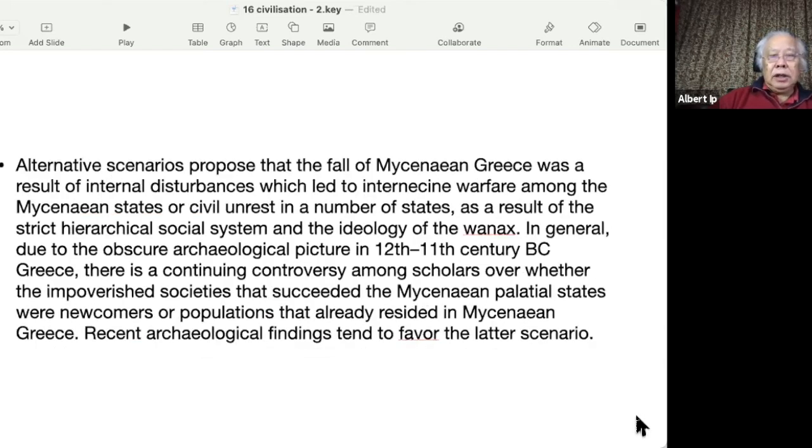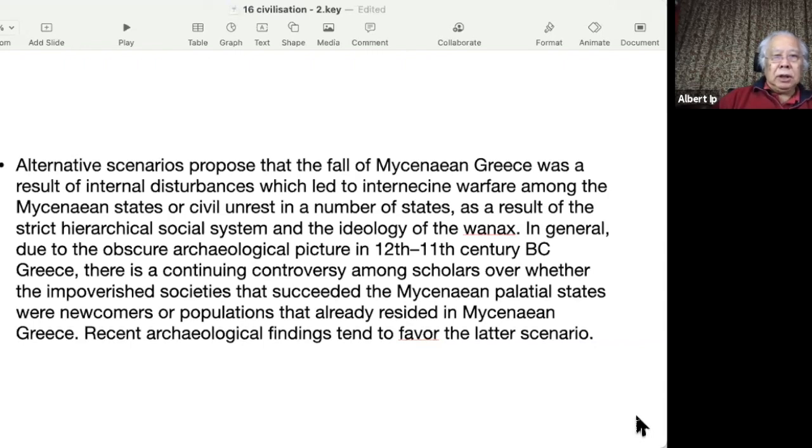Another scenario is internal disturbances, which lead to internal warfare among the different palaces or states. And this results in, again, destruction as a result of the strict hierarchical social system and the ideology of the king.